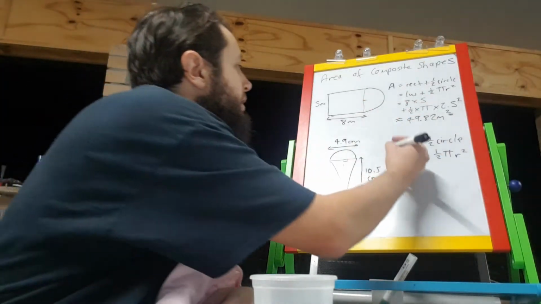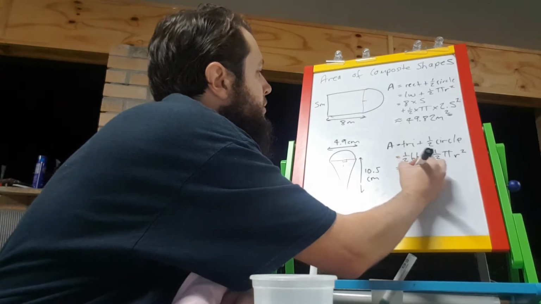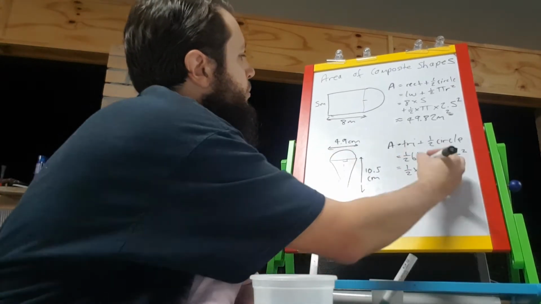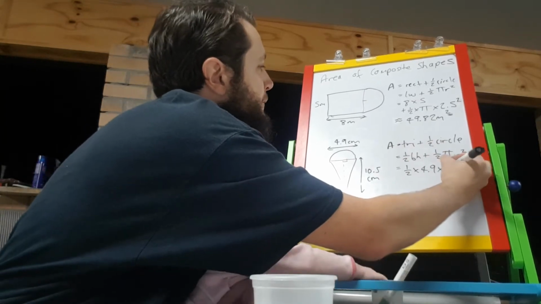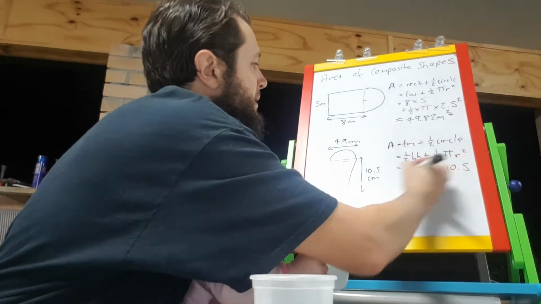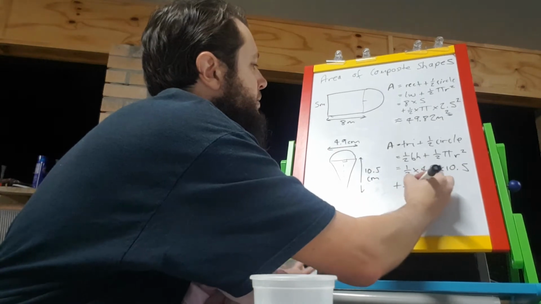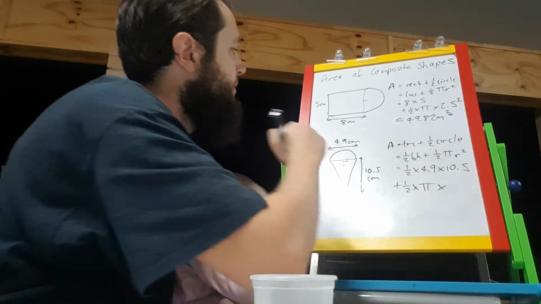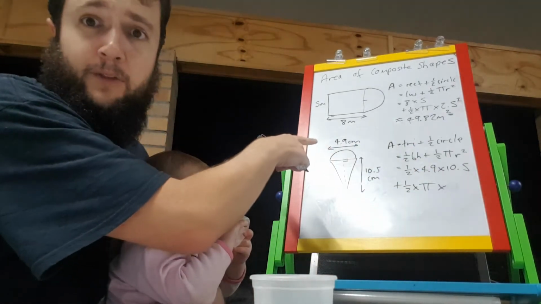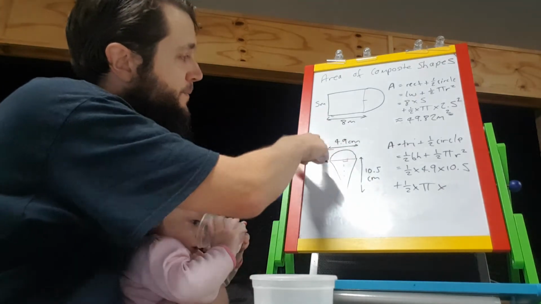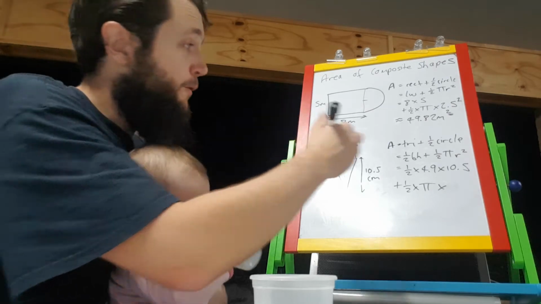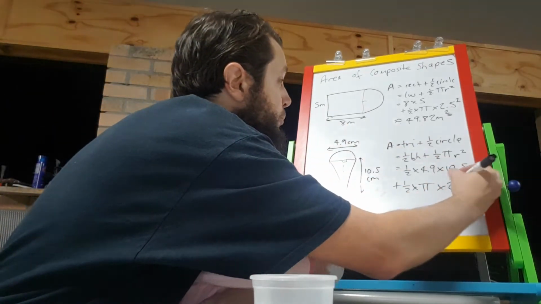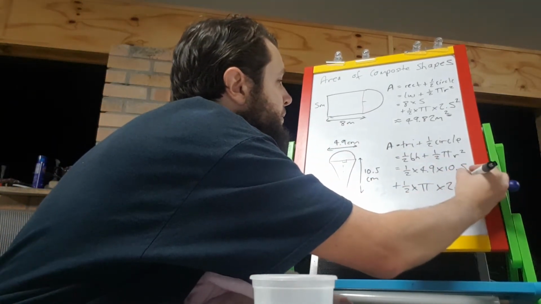So 1/2 times the base, which is 4.9, we're looking at the triangle here, times the height of 10.5, plus 1/2 times pi times, again, I've given you the diameter there, so the radius will be half of that. Half of that's 2.45, so I'm just going to put in 2.45 squared.